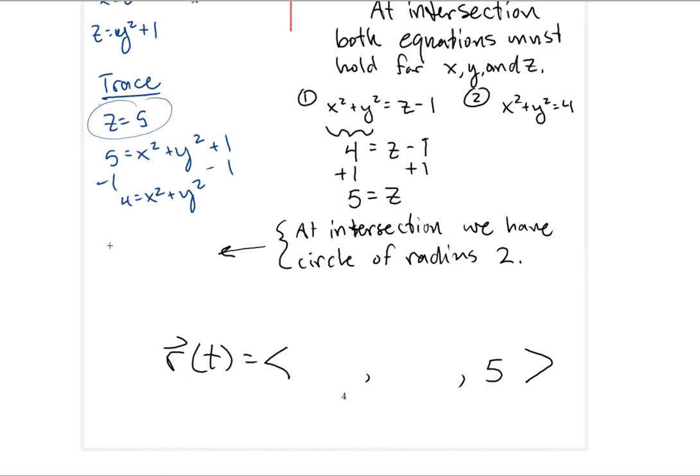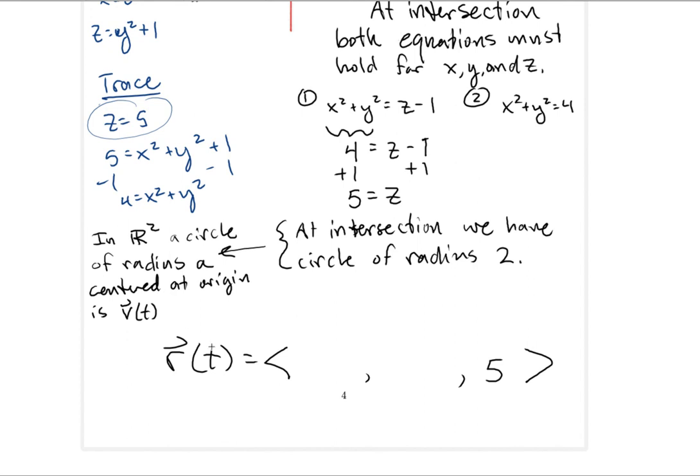In R2, so when you're only talking about 2 dimensions, a circle of radius a, centered at the origin, is, and we'll call it v of t, to not confuse with what we have going on down here, a cosine t, a sine t.